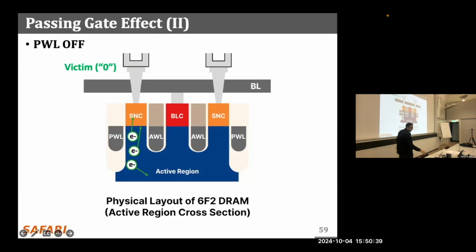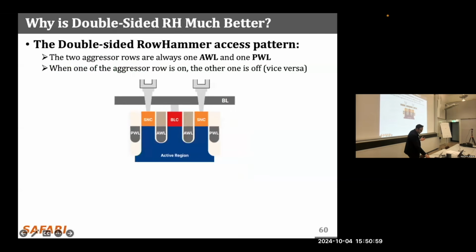Consider that these electrons are coming from anywhere in the active region. When you release them, some of them can go to the storage node, and some of them can get stuck around there as well. And that causes the exacerbated leakage. So not all electrons return.